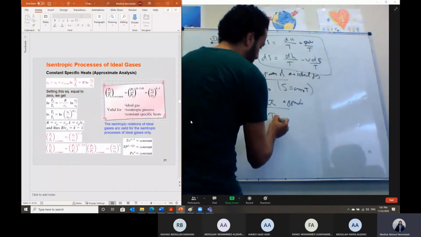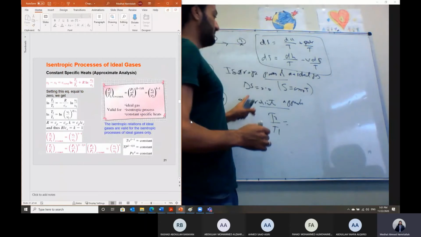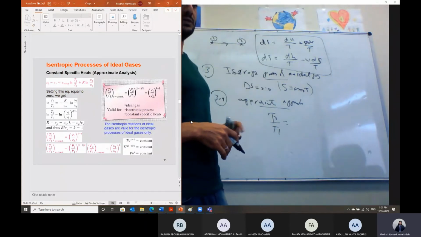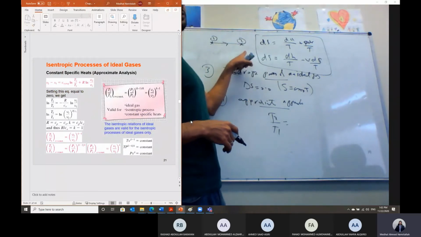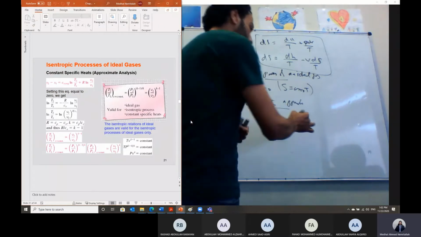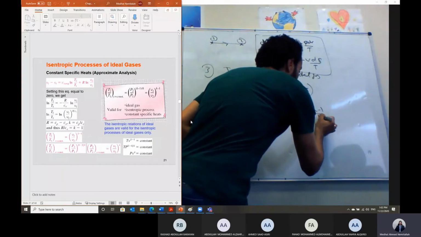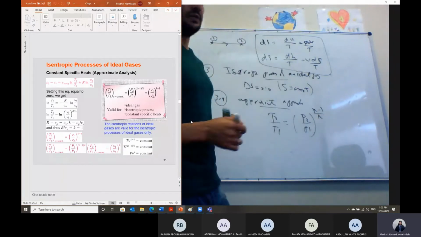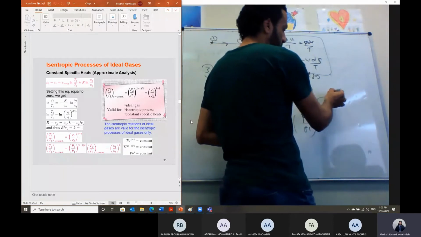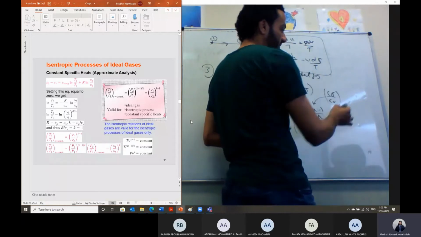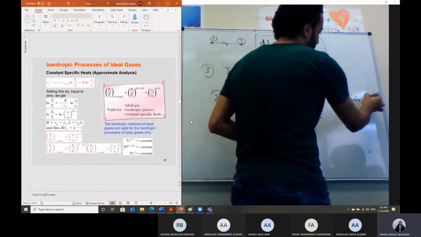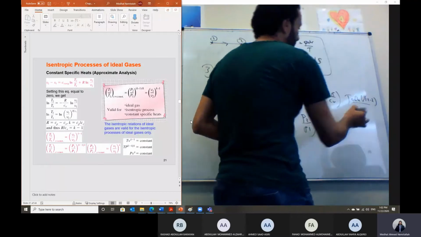We said that if we have an ideal gas undergoing an isentropic process, then the final temperature divided by the initial temperature, T2 over T1, equals P2 over P1 to the power (k minus 1) over k. k is the specific heat ratio, which is the ratio between Cp over Cv, and we calculate it from table A-2b.